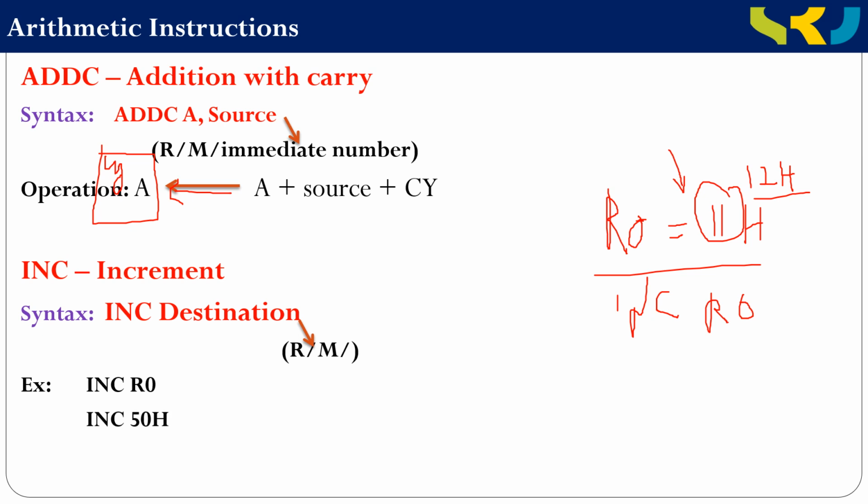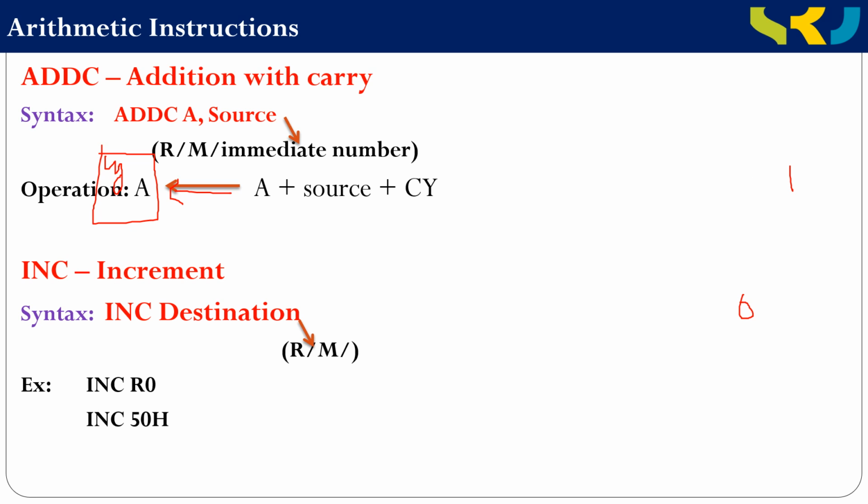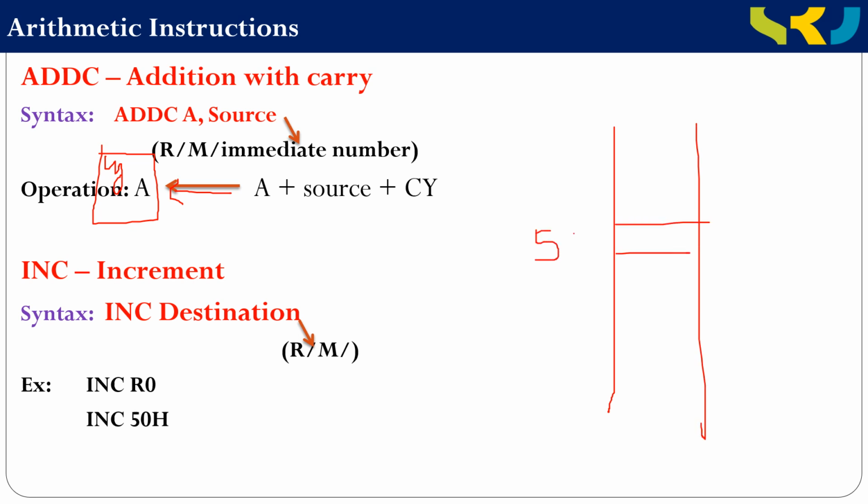Increment 50H. In this example we are considering a memory location. Here 50 represents a memory location, and that memory location belongs to internal RAM only. So let us consider this is internal RAM location 50, where let us say 14H is available.